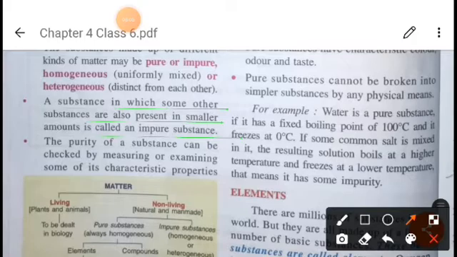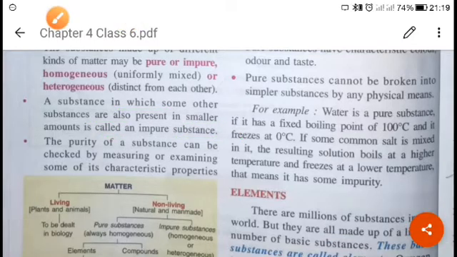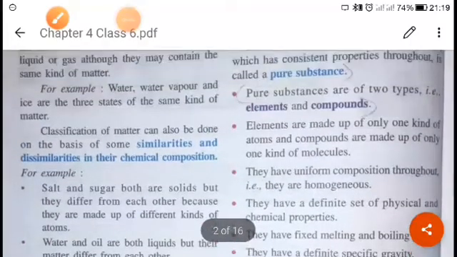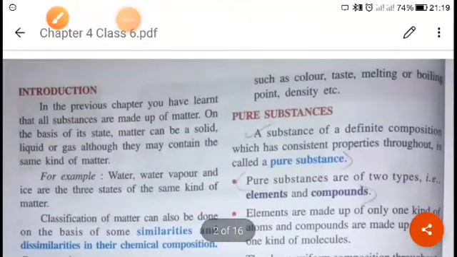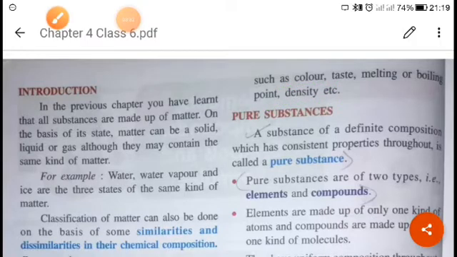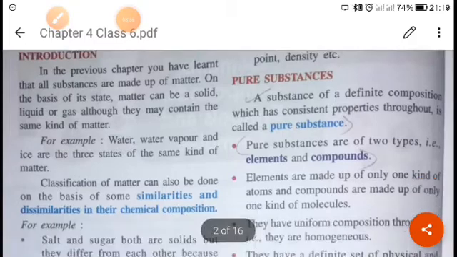To check the purity of the substance, we will measure properties like color, taste, melting point and boiling point, density, etc. By measuring these, we can easily identify which one is pure substance or which one is impure substance.